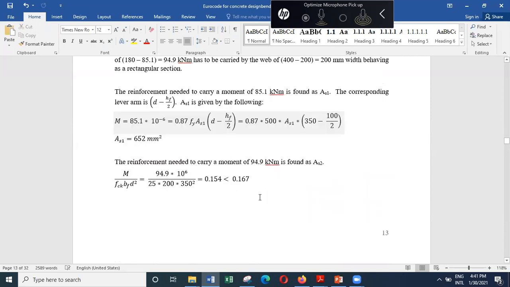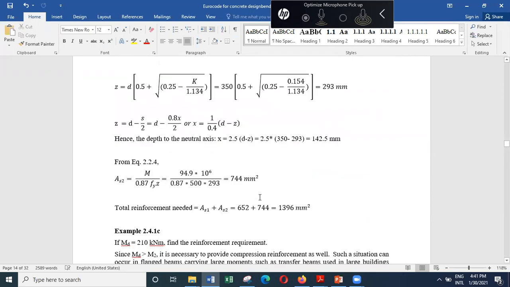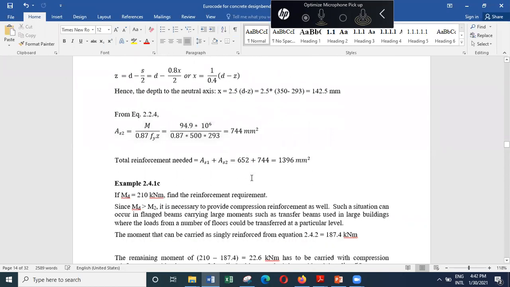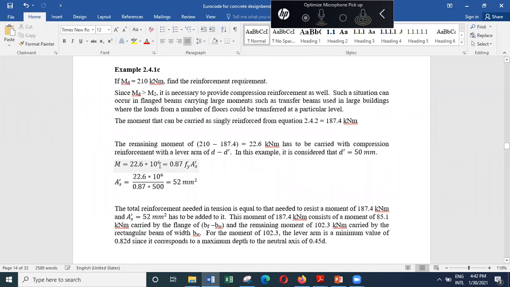So in this equation, here we get D minus D dash as well, and that is multiplied by 300.